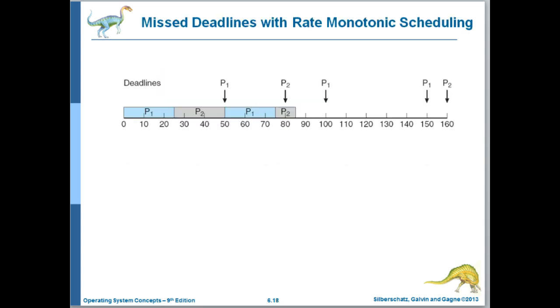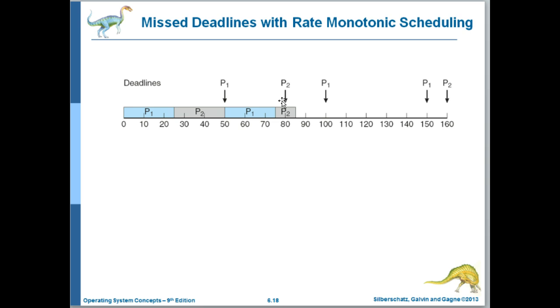This can result in missed deadlines as illustrated here. Process 1 completes, and then in preparation for the deadline for process 2, we start executing process 2, but then the event for process 1 occurs. So we preempt process 2, run process 1, it completes, we resume running process 2, but it doesn't complete by the deadline.